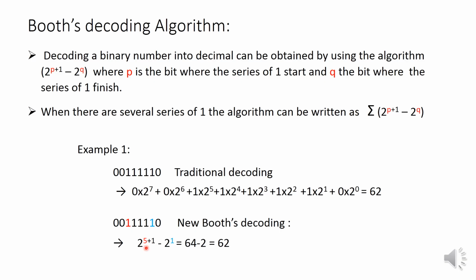This is 5 because the bit where the series start is the 5th: 0, 1, 2, 3, 4, 5. And this is 1 because the bit where the series finish is the 1st. So we obtain the result faster, and it is 62.